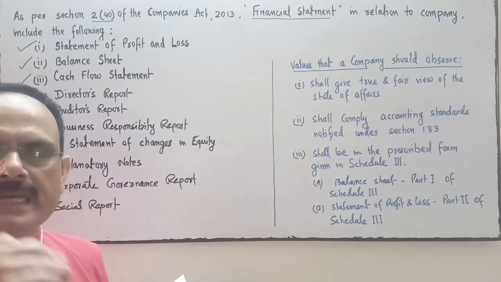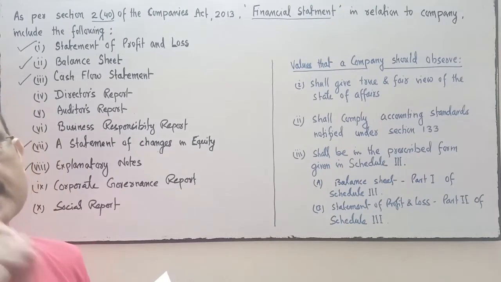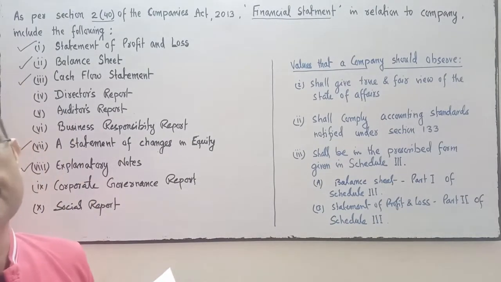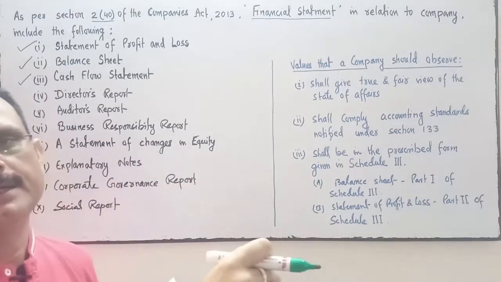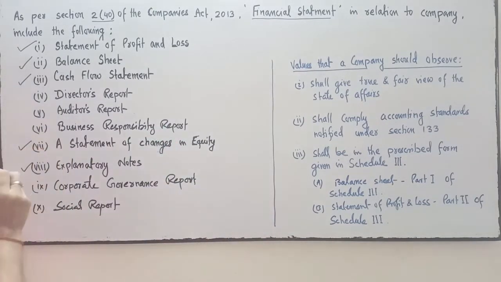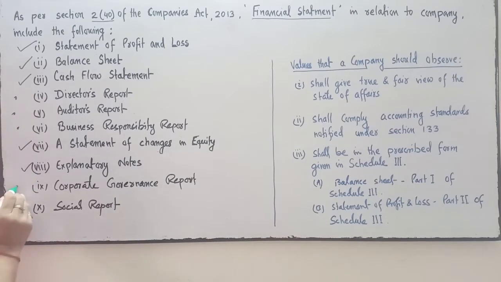Annual report is different, and financial statement includes the 5 things. But the annual report, apart from the information in the financial statement, also includes other things like director's report, auditor's report, business responsibility report, corporate governance report and social report.